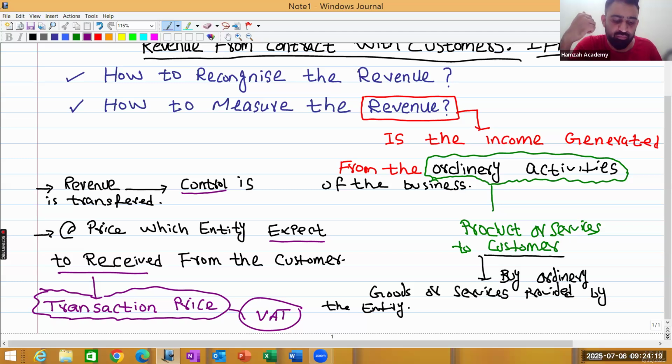The entity is receiving it as an agent, and it will be paid to the government.